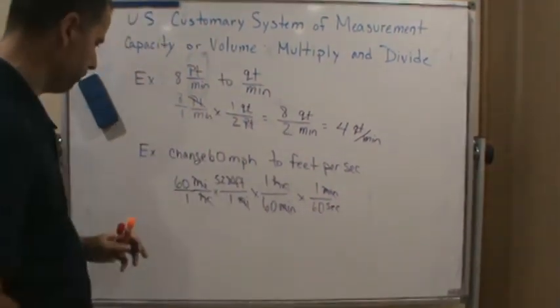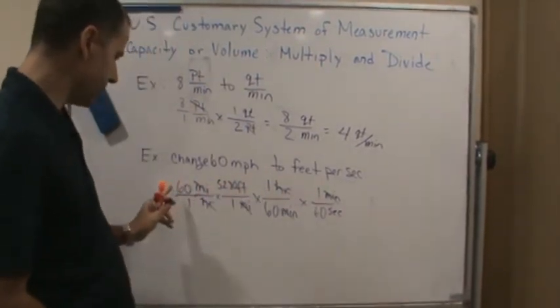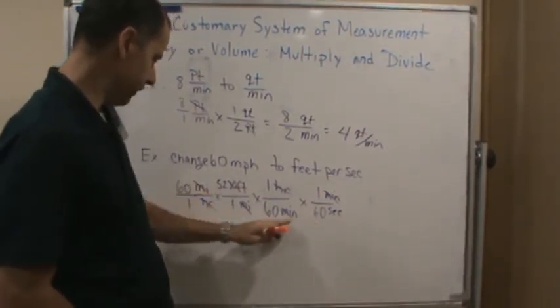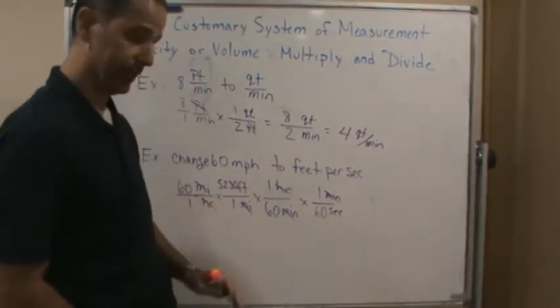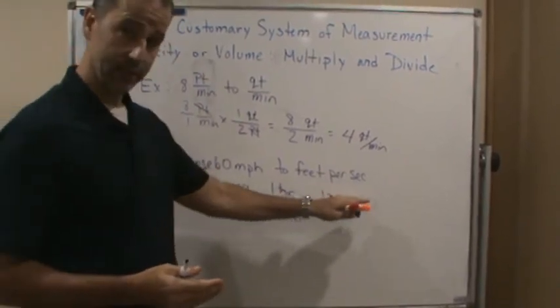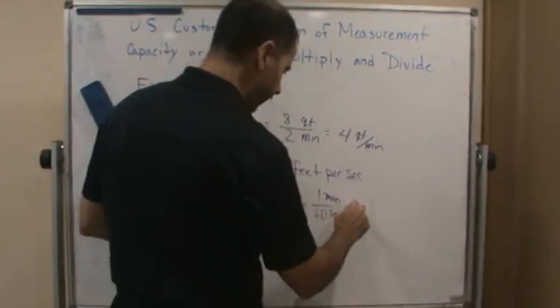And now look at the units. The only unit that has not canceled on top is feet. The only units on the bottom that have not been canceled out are seconds. So if I multiply across the top, I'm going to get feet, and if I multiply across the bottom, I'm going to get seconds. So now that's what I'm going to do.